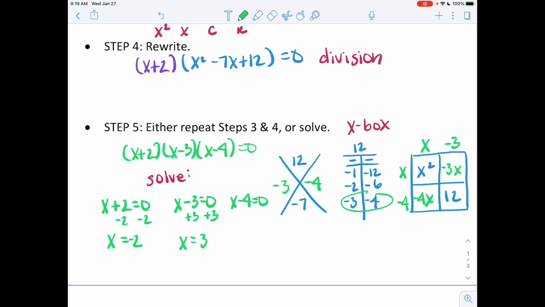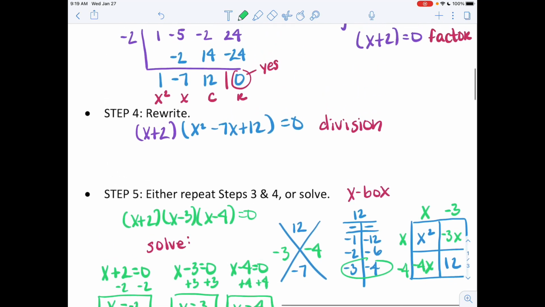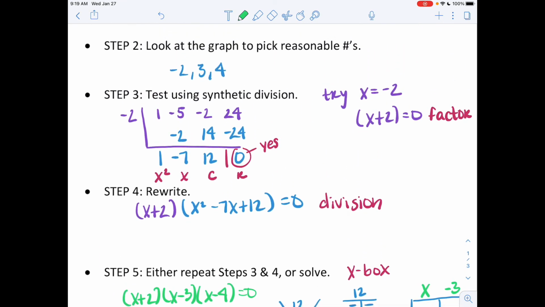X equals 3. Add 4 to both sides for x equals 4. And these are my final solutions. Remember, we were expecting 3 solutions, and we actually already knew what those solutions should be, but we are confirming them algebraically using our factoring skills.